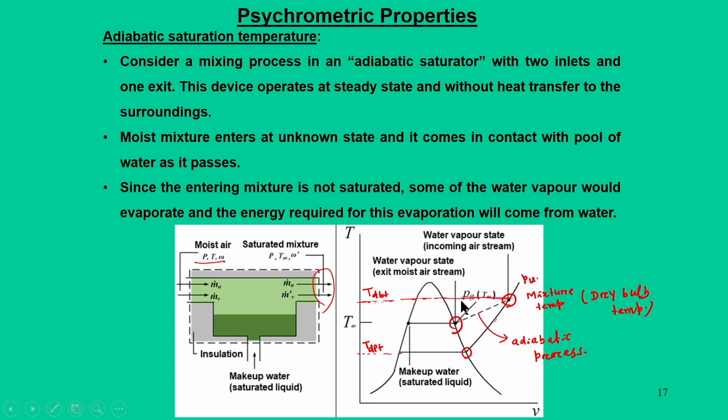This point is nothing but the water vapor state at the exit, and that means the exit moist air stream is completely saturated. At that point we drop this vertical, and we call this the adiabatic saturation temperature. In psychrometric terms, this adiabatic saturation temperature we call the wet bulb temperature, TWBT. WBT stands for wet bulb temperature.